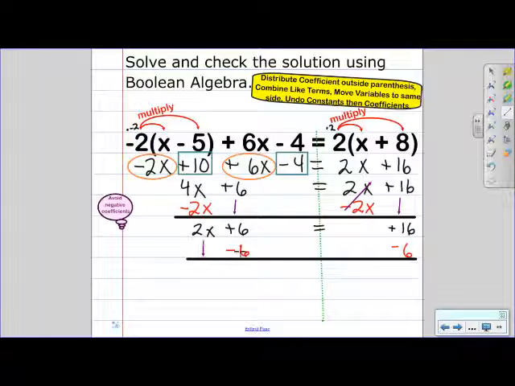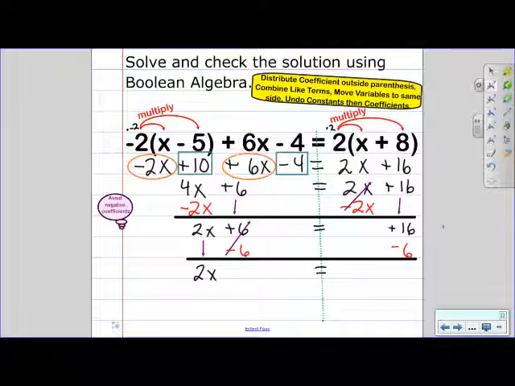My positive 6 and negative 6 create a zero pair, so they cancel out. So I'm bringing down my 2x. Again, that is a zero pair. Equal sign. And then positive 16 minus 6 equals 10.